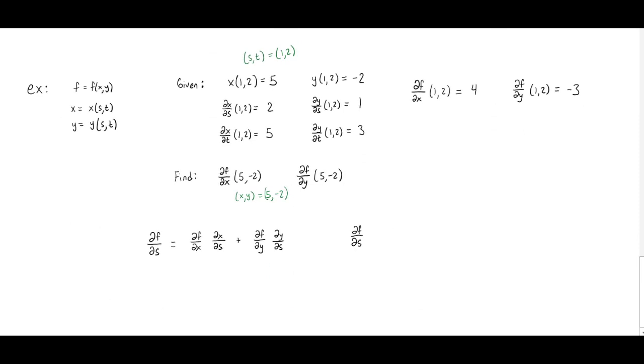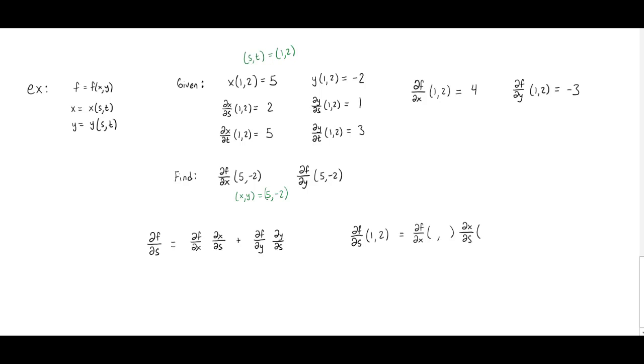If I try to evaluate when s and t are 1 and 2, that's going to be the partial of f with respect to x. I'm going to write it like this for now, and I'm going to do partial x with respect to s.